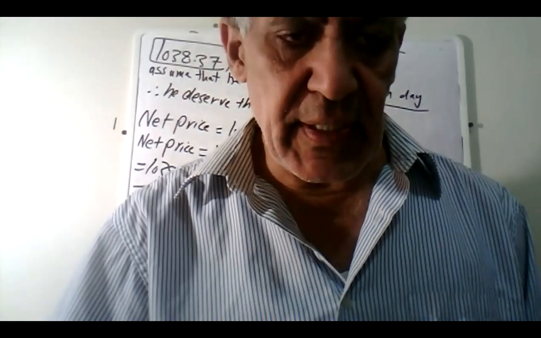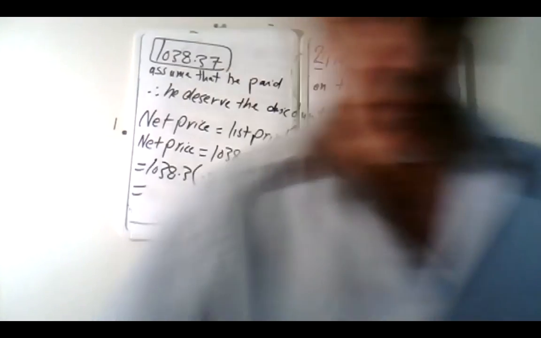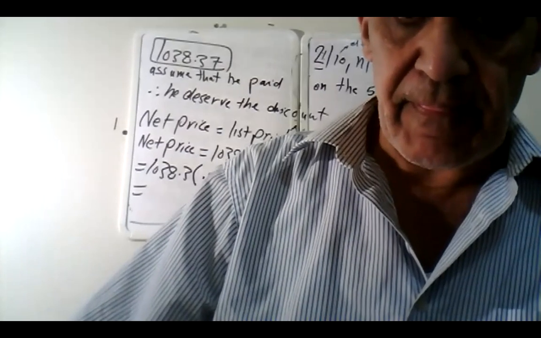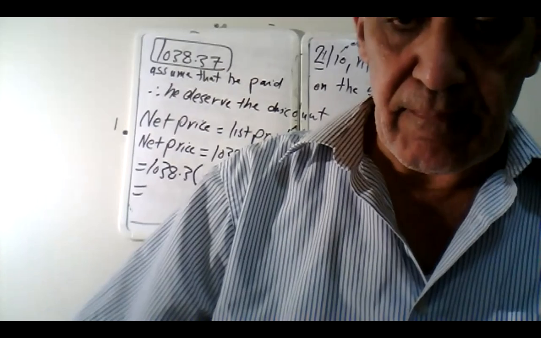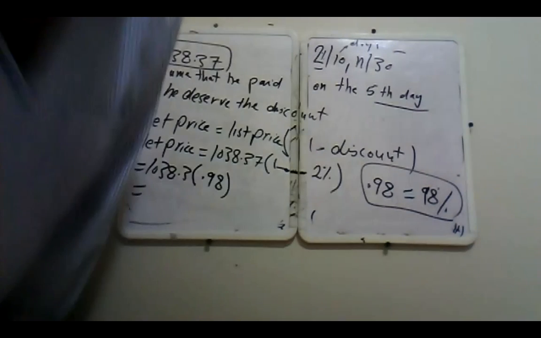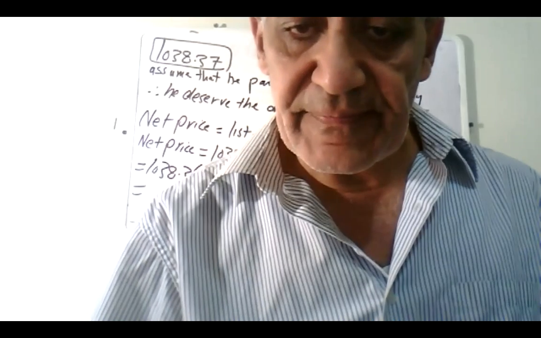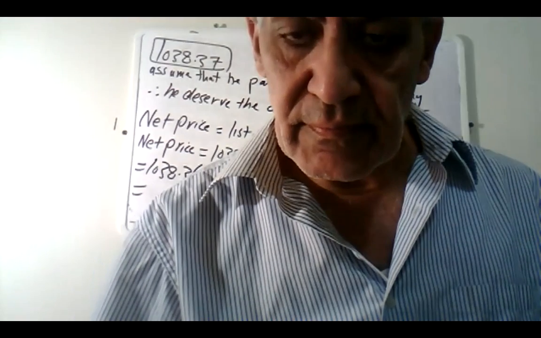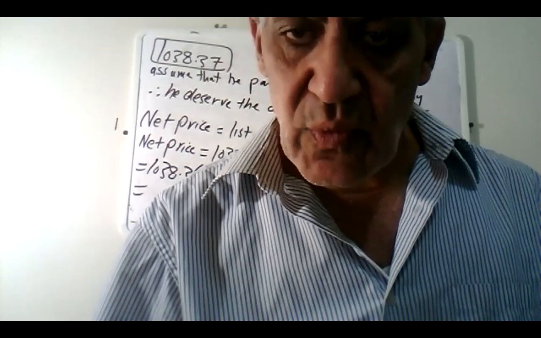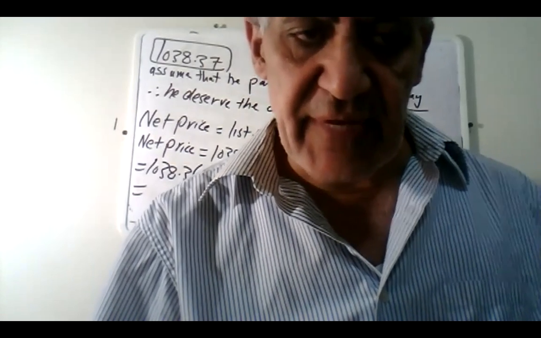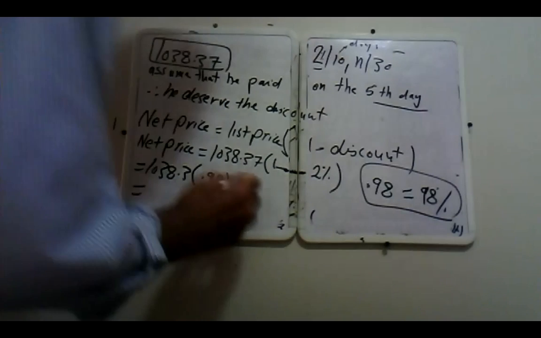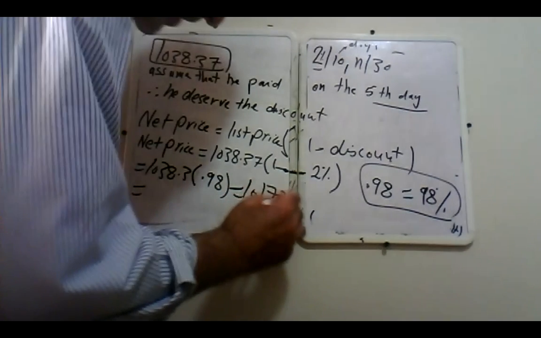1038.37 multiplied by 98% will equal 1017.534.